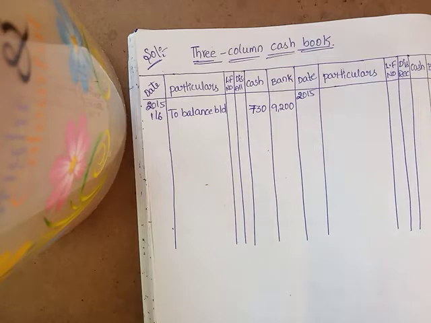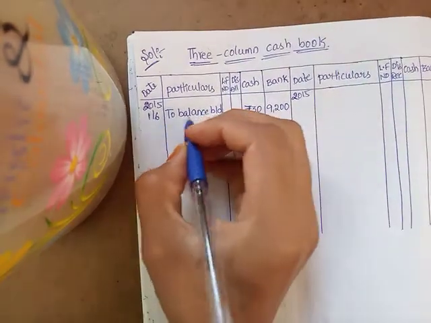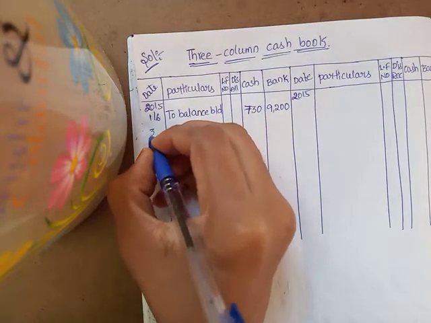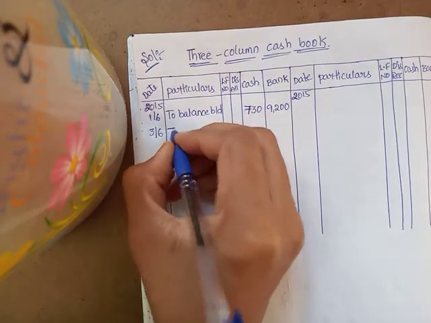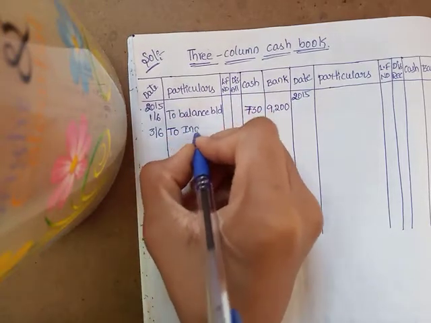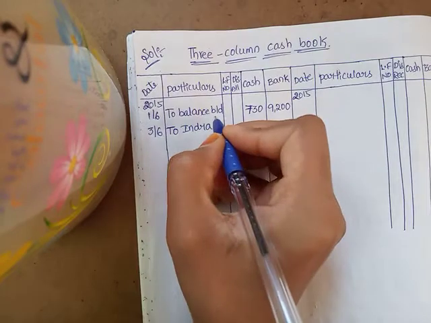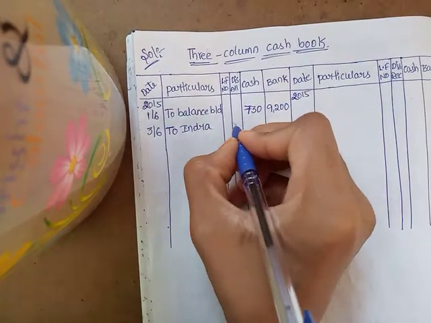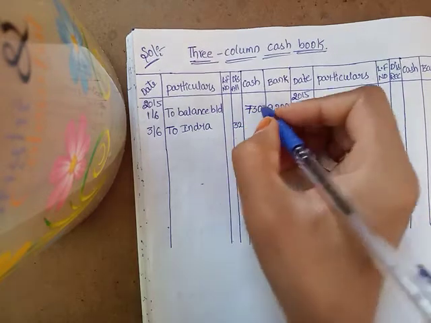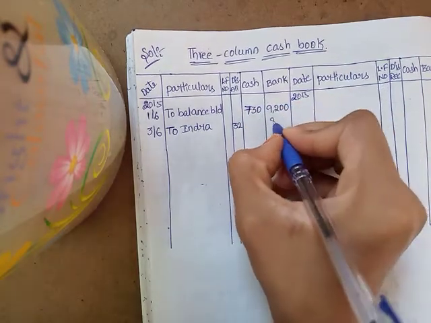So bank is a debit, and receipts come under the debit. To Indra, discount allowed is rupees 32 and the amount is 868.